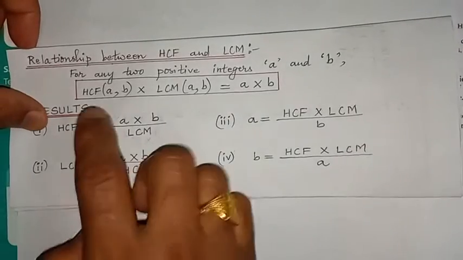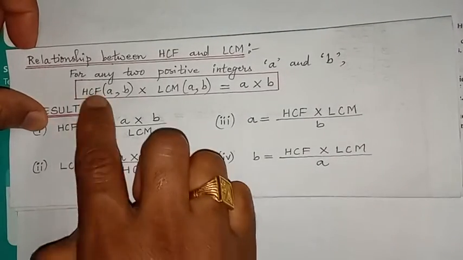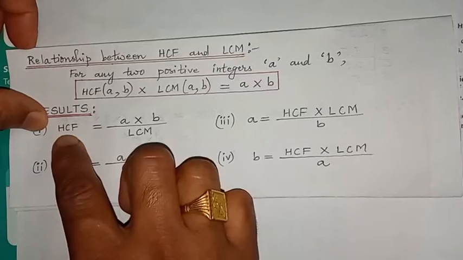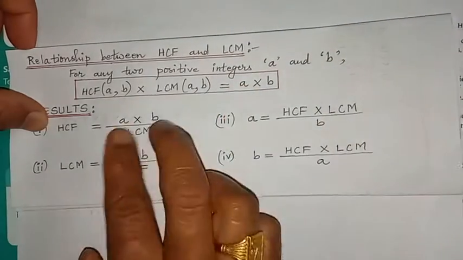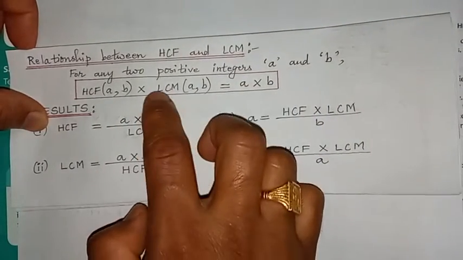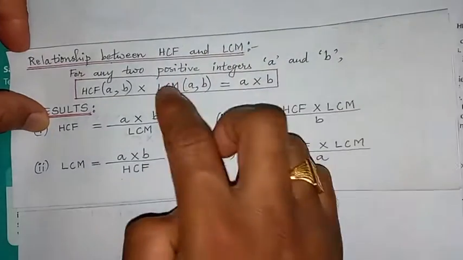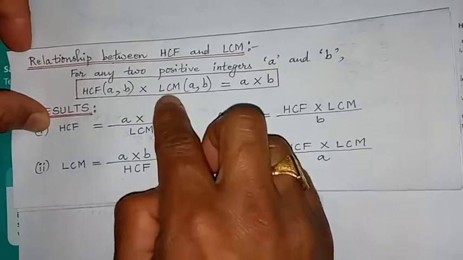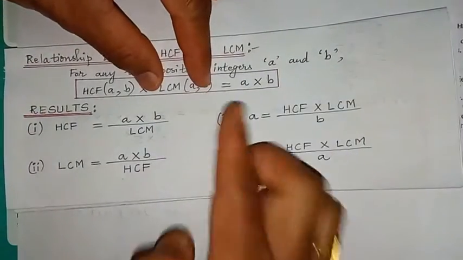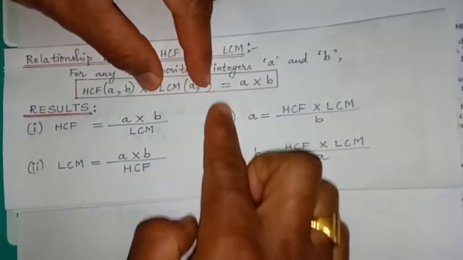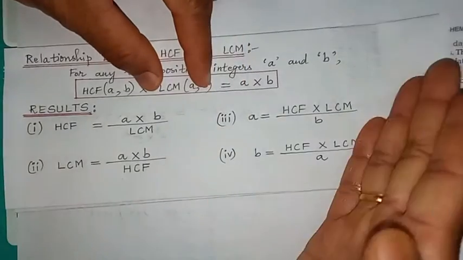So what I can do is keep HCF on the left hand side, and this product on the right hand side, and transfer this LCM from the left to the right side. The equal sign is the boundary. This is left hand side, this is right hand side.